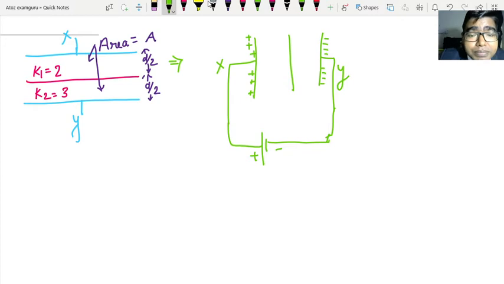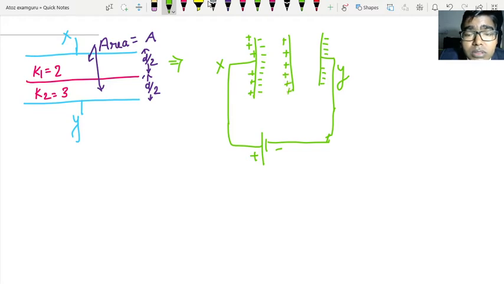And similarly, the opposite side charge will develop negative.